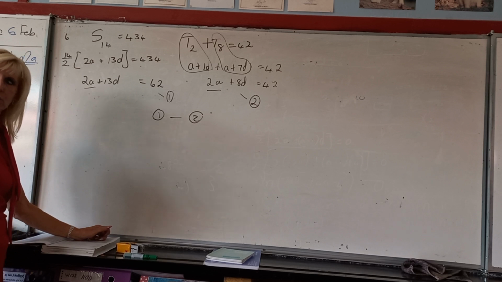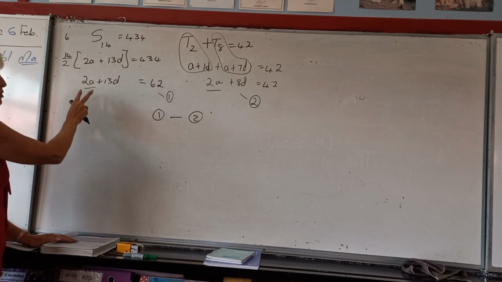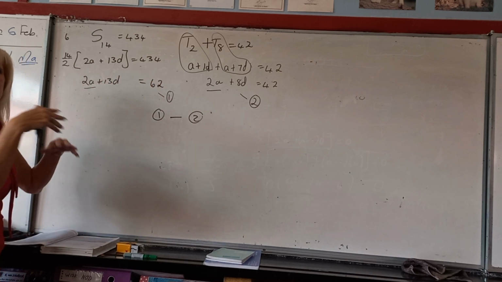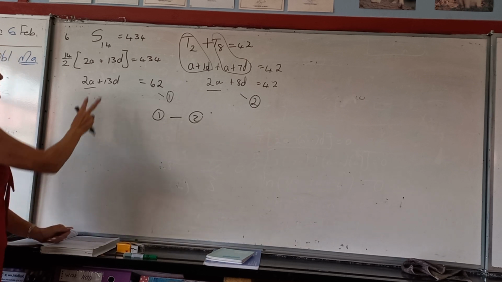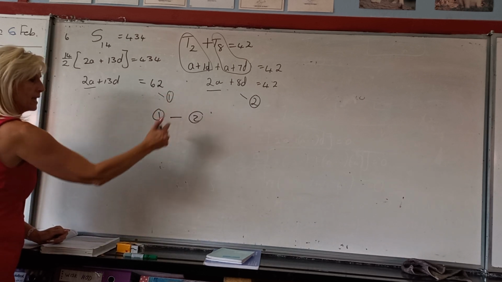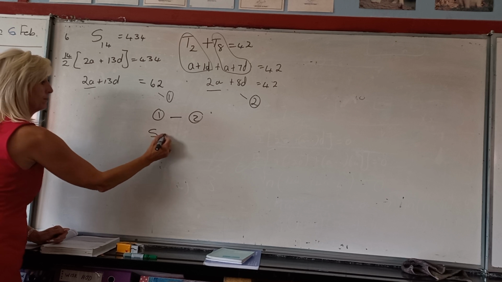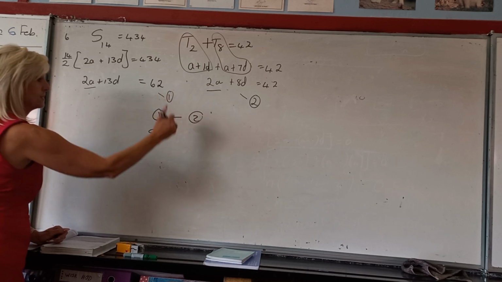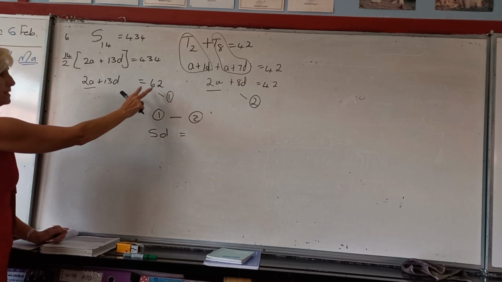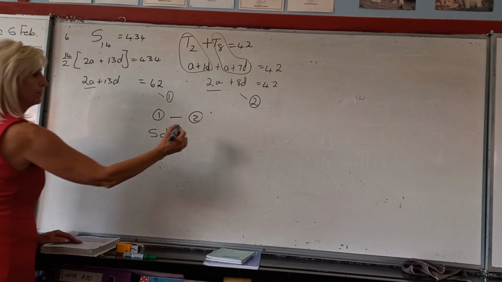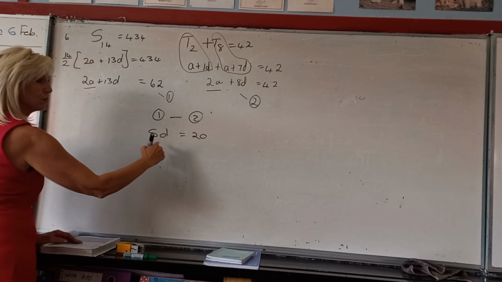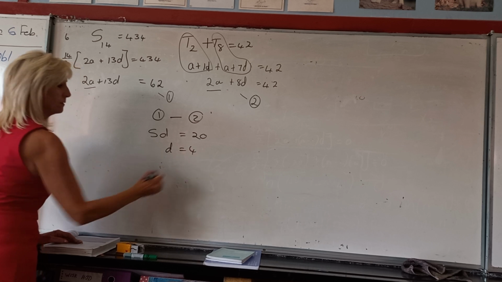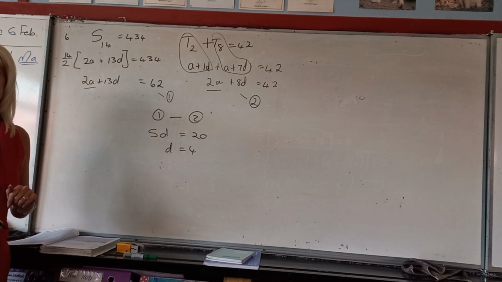Can you think back 2 years ago? Then when you do say 2a minus 2a, it's eliminated, it's gone. 13d minus 8d is going to give you 9d. Then comes the equal sign. Then the 62 minus the 42 gives you, and you're solving for d, so it's equal to, quick.